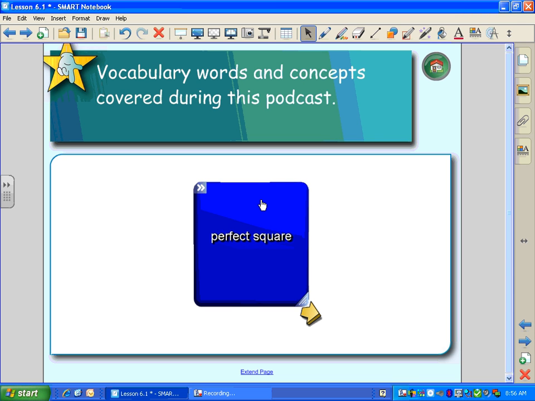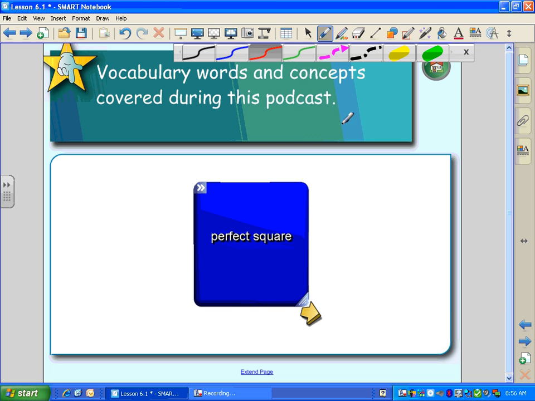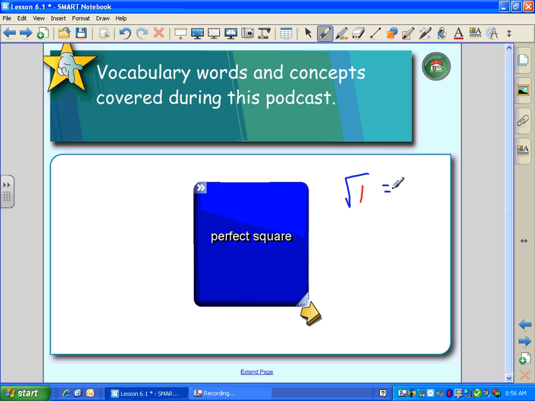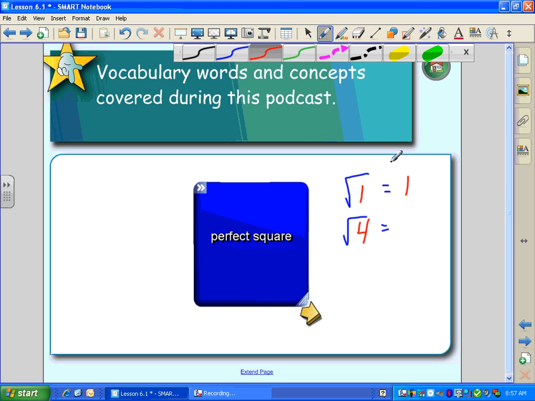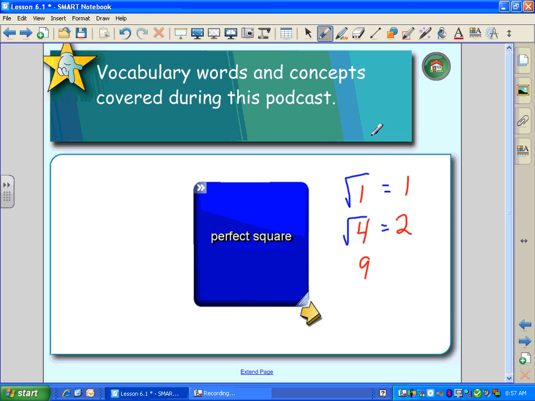Perfect square. A perfect square in math is a special number that when you take the square root of it, you don't get a decimal or a remainder. So for example, some perfect squares in math. 1 is a perfect square because if you type into your calculator the square root of 1, you get 1. 4 is a perfect square in math because if you type in the square root of 4, you get 2. 9 is a perfect square in math because if you type into your calculator the square root of 9, you get 3.